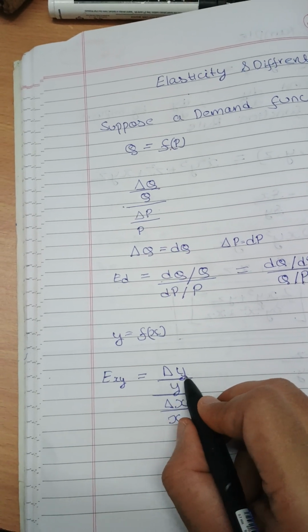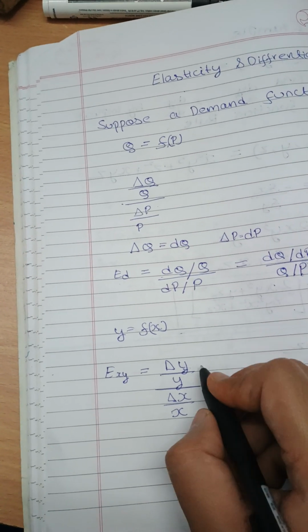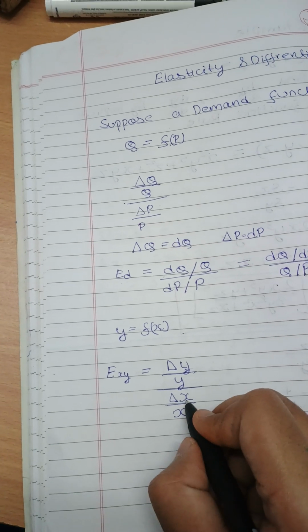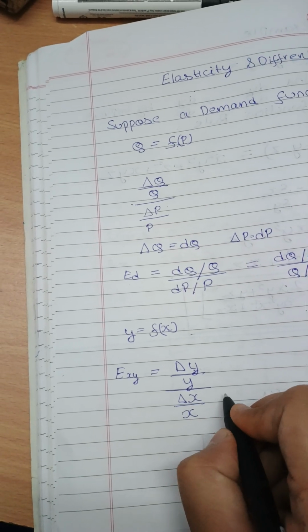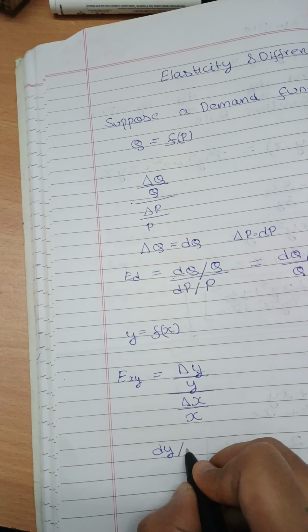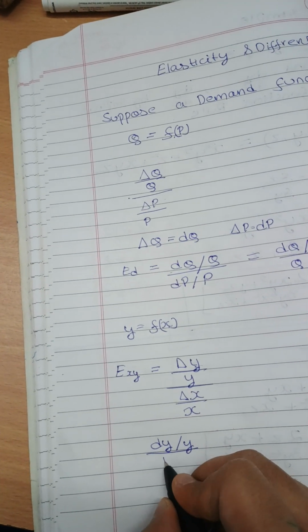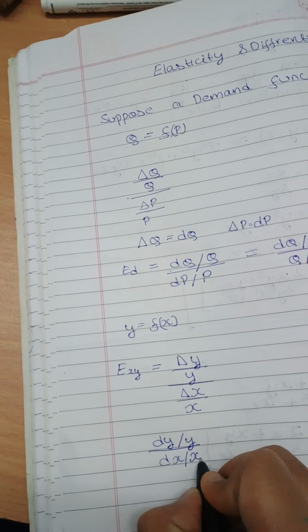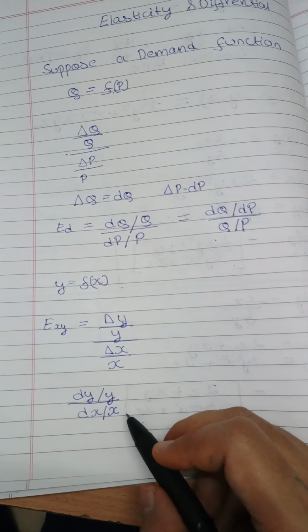Now replacing delta y by dy and delta x by dx, we get dy upon y by dx upon x.